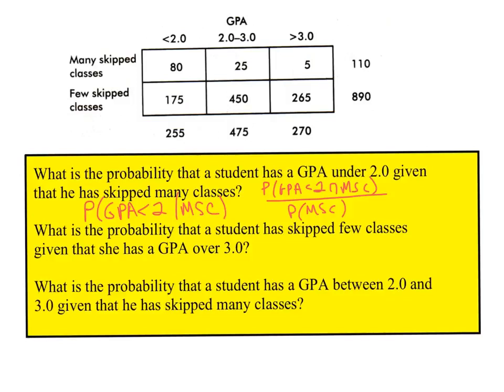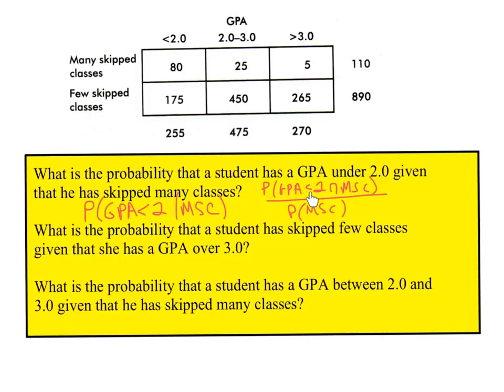Now, because we have a table, there's some reframing you could do right in the table of your sample space. For instance, if you said, well, if I know they have many skipped classes, it's just this row I'm looking at. So it's 80 out of the 110. If you wanted to strictly do it by formula, let me just write down what you would calculate here.